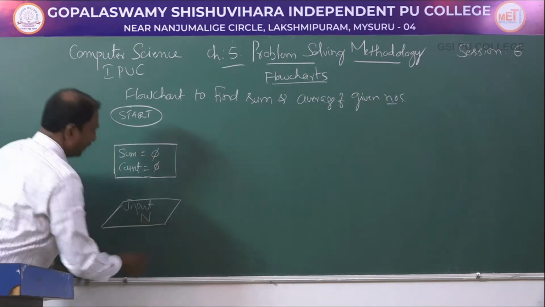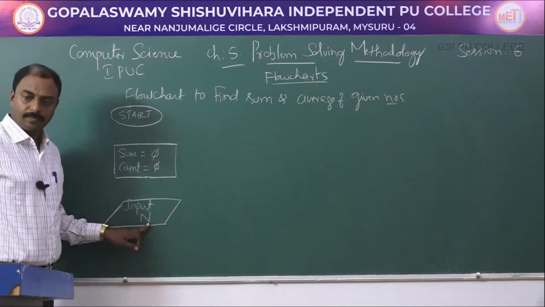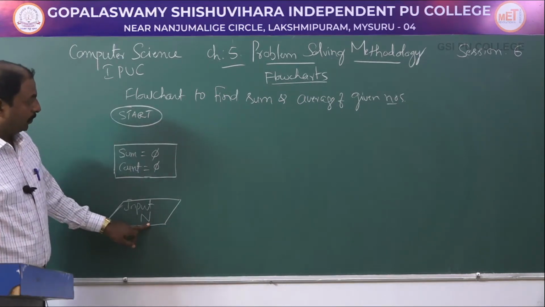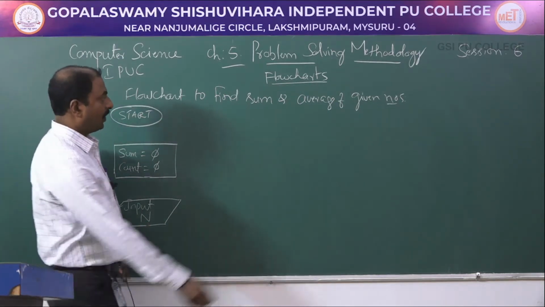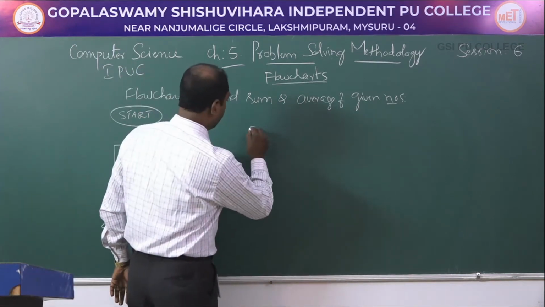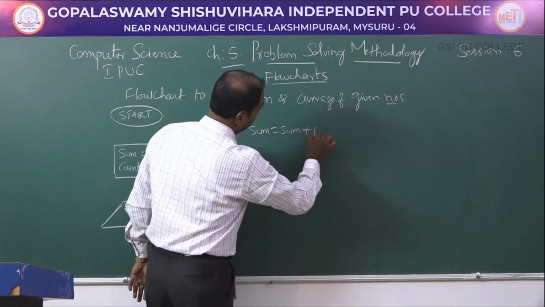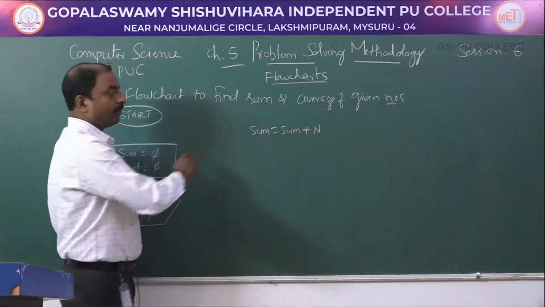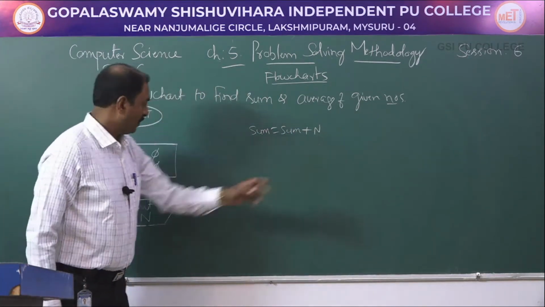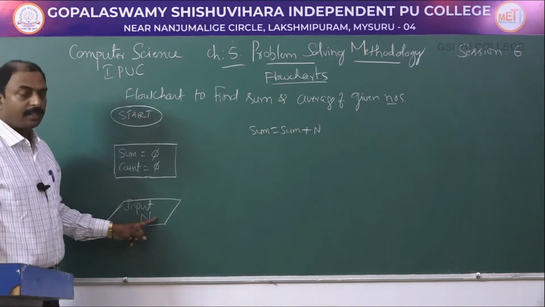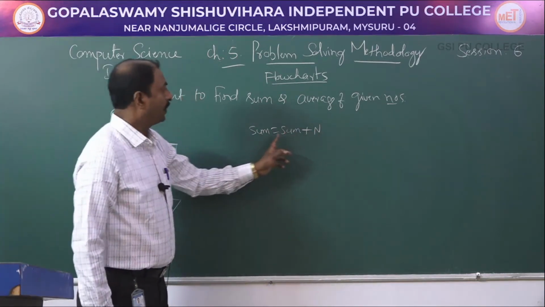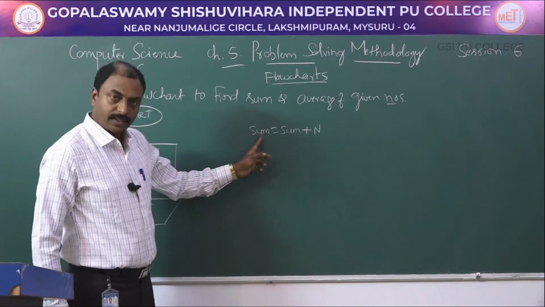Input n. N stands for number. First we have to input the number, then we have to add the number, that is sum equals sum plus n. Here we are entering one number, and we are adding that number to the variable sum.